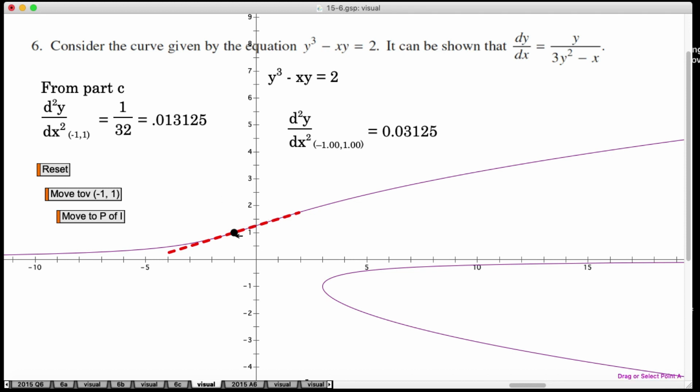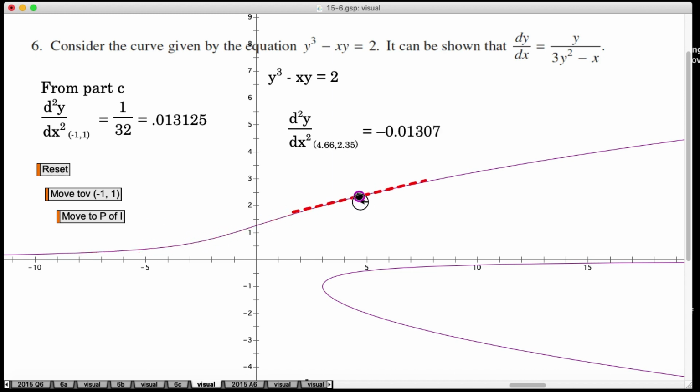Now let's just think about what that means also. Remember, second derivative tells us whether the curve is concave up. Now, it's sort of hard to tell here a little bit because the second derivative is very small, but it is positive, so it's concave up in this region. And notice what happens when I move over here a little bit, it is now concave down because the second derivative is negative. So what does that tell us?